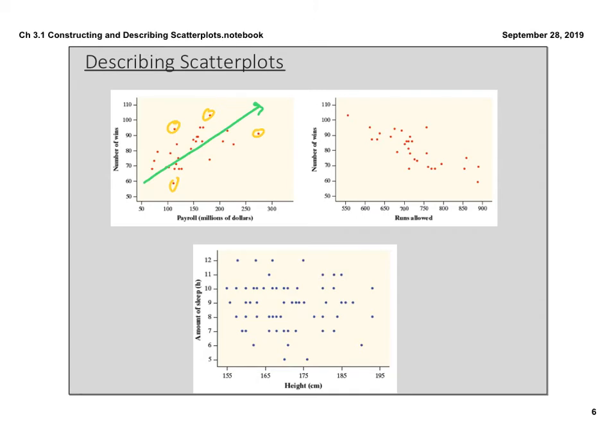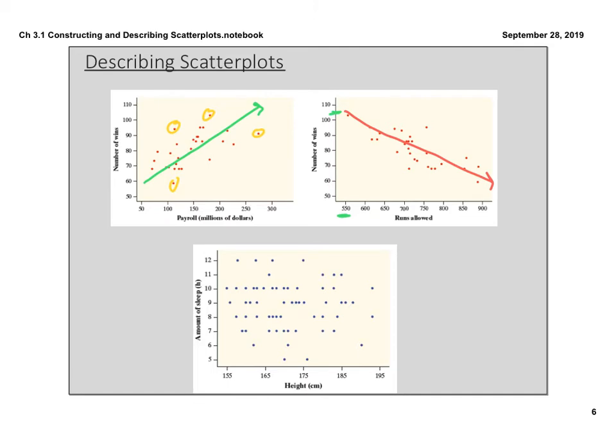The next graph over that says number of runs allowed and number of wins, I would say that this is a negative association, okay? So it makes sense in my head if we're talking about a baseball team, which it seems like we're talking about. If they allow a bunch of runs, they're probably not going to win a whole lot. So the less amount of runs that they allow, the more wins they have.